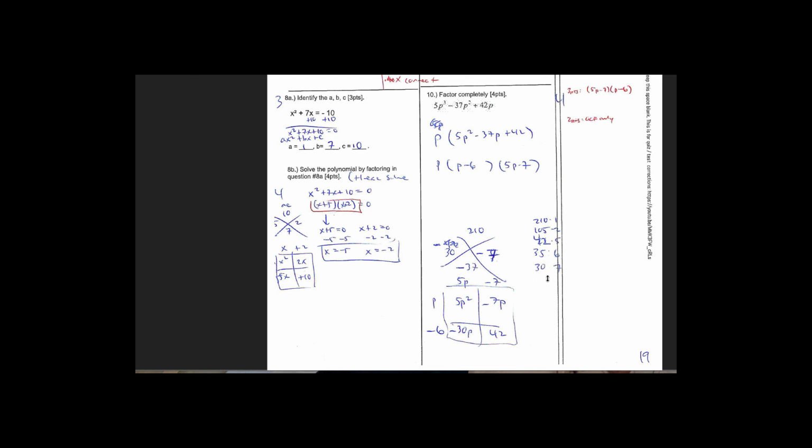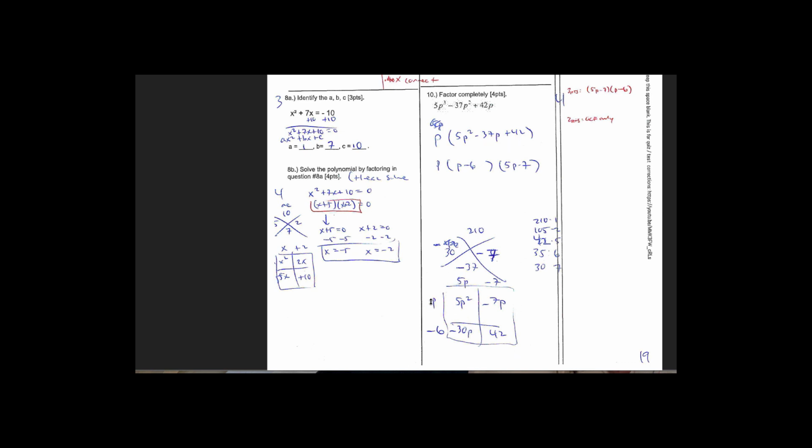So I was incorrect, and I was looking at my list, and then I realized it's the 30 and 7. Negative 30 plus negative 7 gives me negative 37, and negative 30 times negative 7 gives me positive 210. So I took negative 30p, negative 7p, and then my a value, which was inside the parentheses, 5p squared, and then my c value, which is 42.